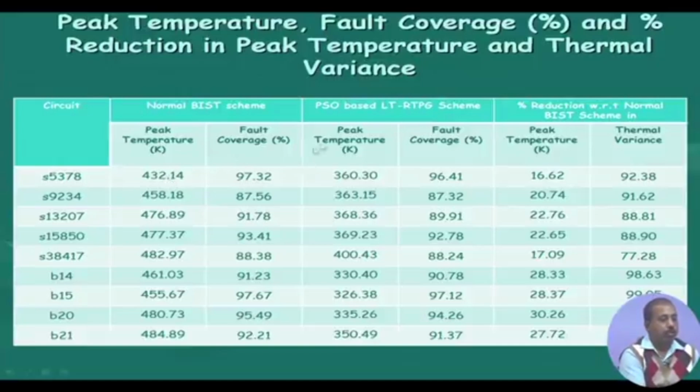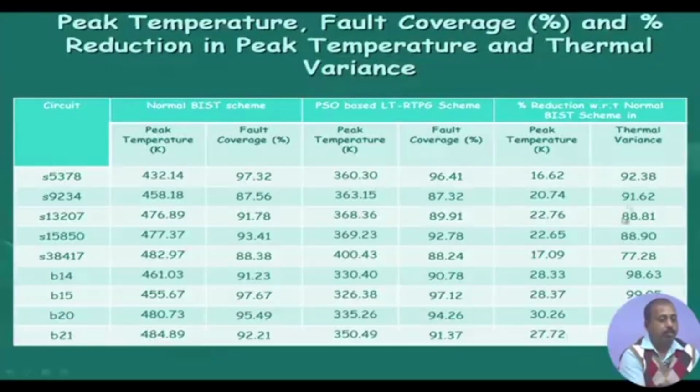Now, if you use this PSO based LT-RTPG scheme that we have just discussed, peak temperature reduces to 360.30 degrees and fault coverage also gets reduced. Peak temperature reduction is 16.62% and thermal variance reduction is 92.38%.